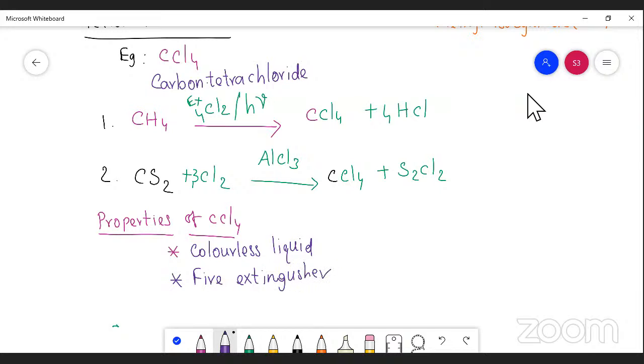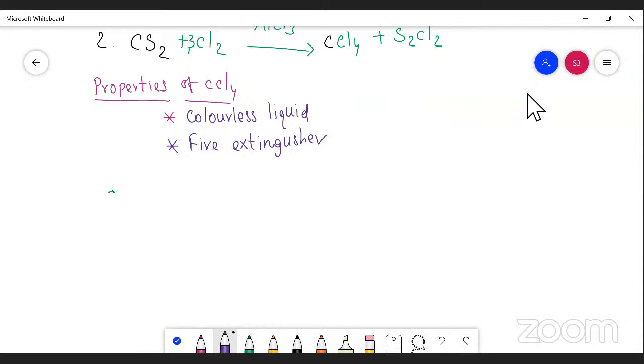It is insoluble in water and soluble in organic solvents.